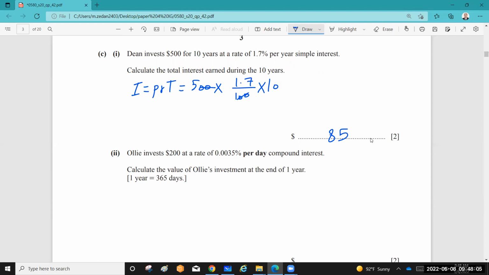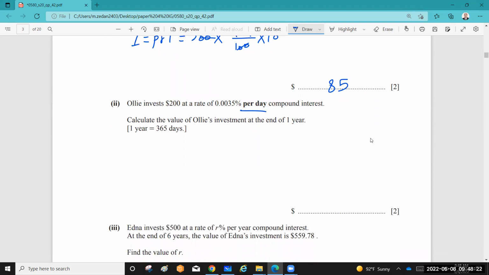Number 2, Oli invested $200 at a rate of 0.0035% per day. Be careful, per day. Compound interest. Calculate the value of Oli's investment at the end of 1 year. The compound interest formula is: the final amount A is the principal times 1 plus R/100, to the power n, the number of periods.